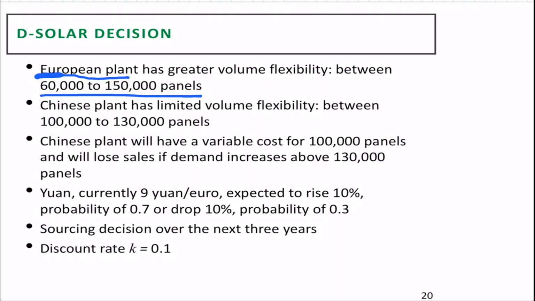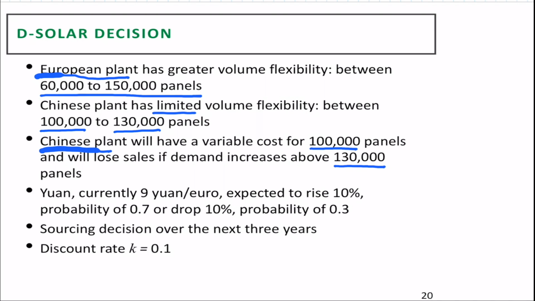But the Chinese plant will have limited volume flexibility, because they will be able to produce between 100,000 and 130,000 panels. The range is lower than what can be done at the European plant. Chinese plant will have a variable cost for 100,000 panels, and they will lose sales if demand increases above 130,000.